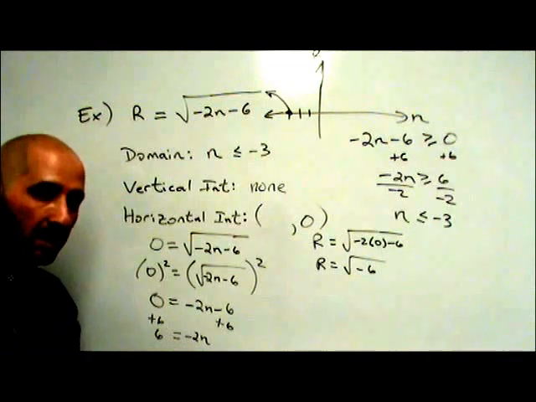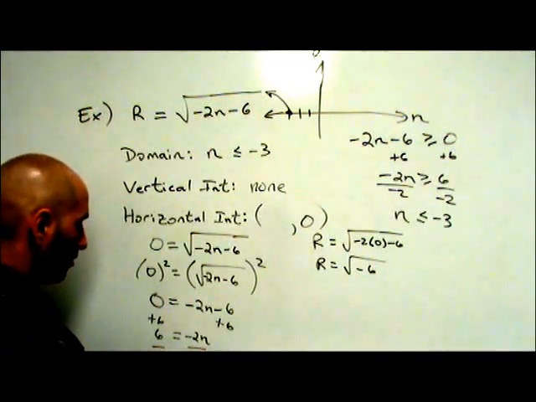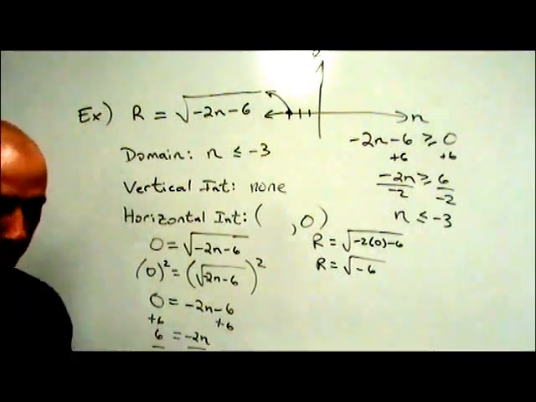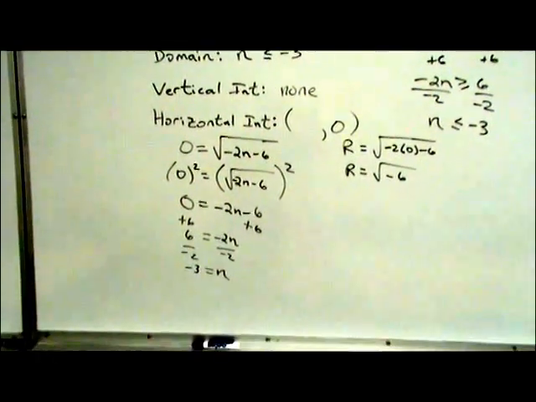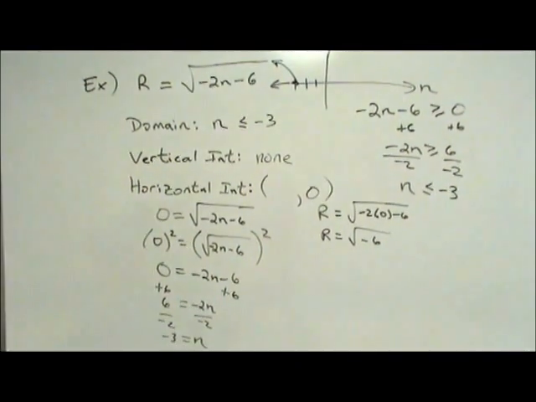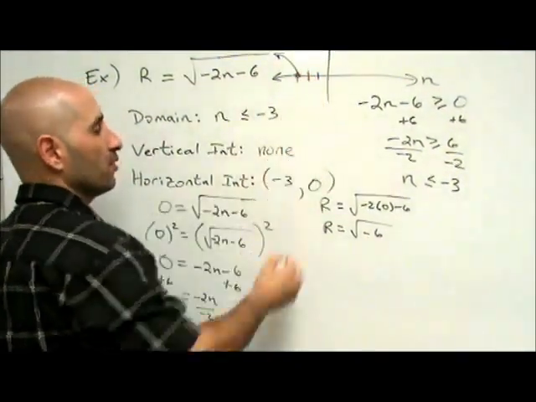So we get 6 equals negative 2 times n. I'm dividing both sides by negative 2, which gives me n equals negative 3. So I'll show that to you: n equals negative 3. And so our horizontal intercept is negative 3, comma 0. That's the coordinates of that point right there.